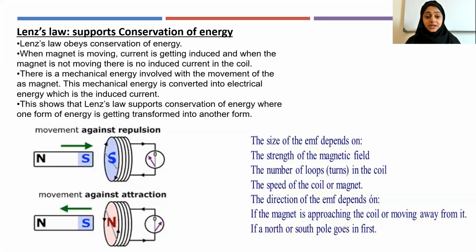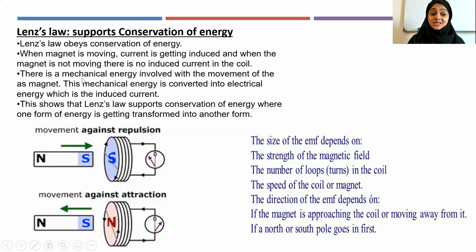So what is happening? Lenz's law supports the conservation of energy. When we hear only Faraday's law, we feel that electrical energy, that is EMF, that is current in a circuit, is being created from nowhere. It's not possible. It would oppose the conservation of energy.